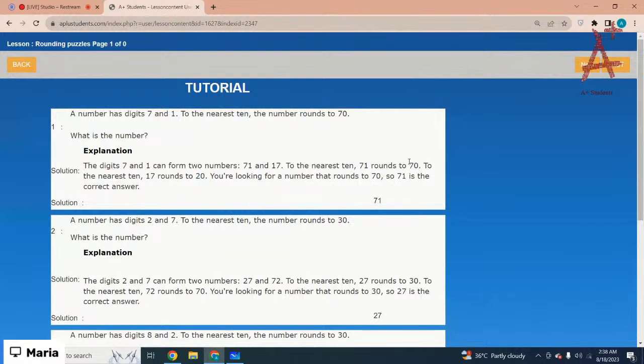Okay, then a number has digits 2 and 7. To the nearest 10, the number rounds to 30. So the digits 2 and 7 can make two numbers, right?